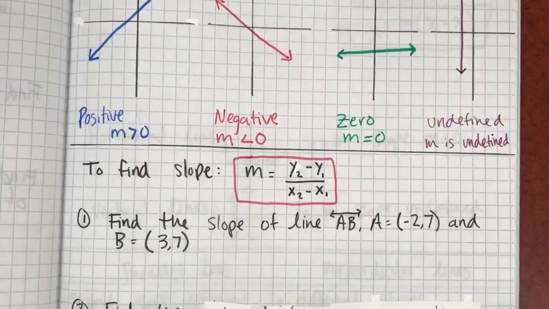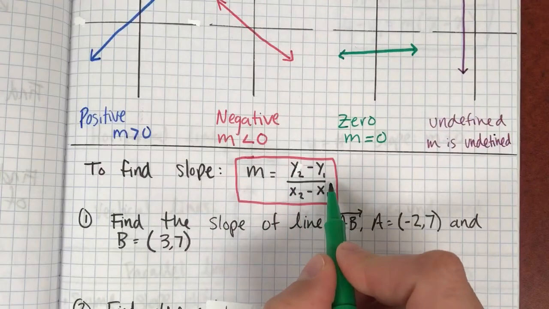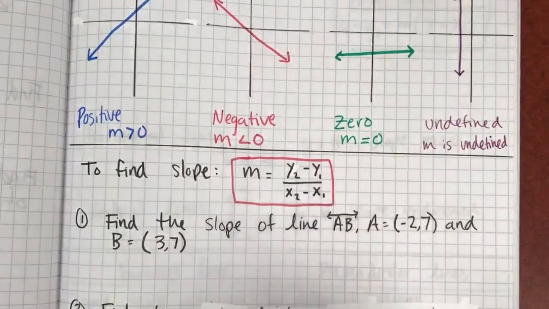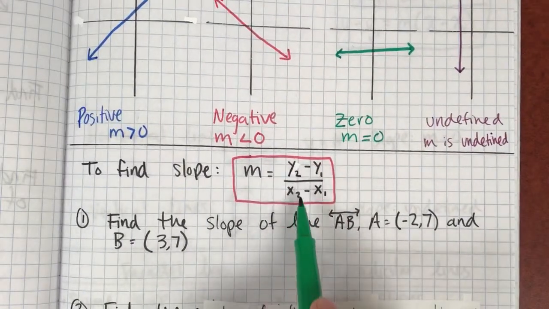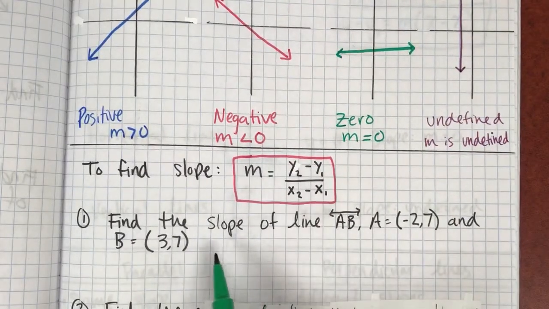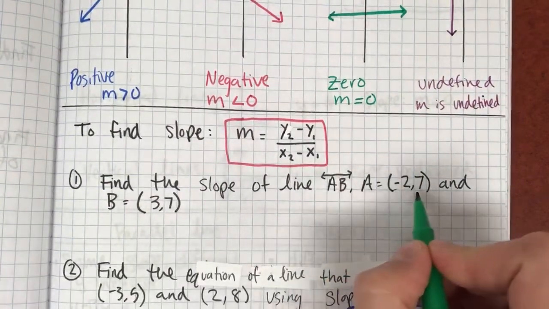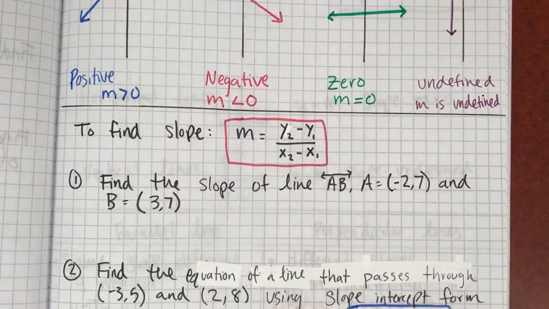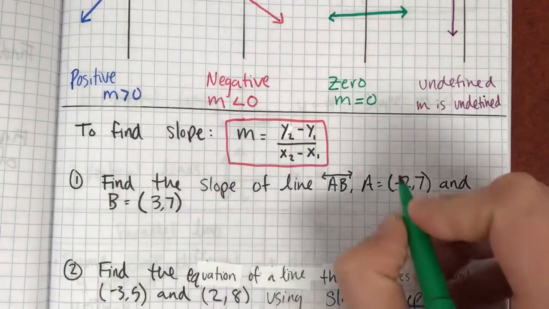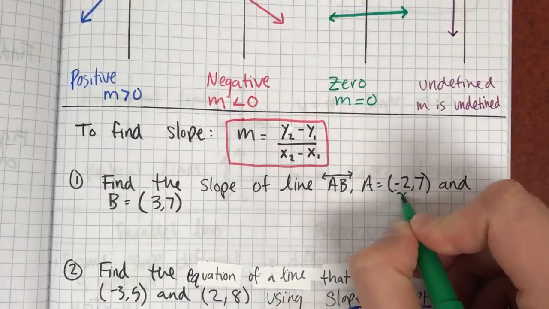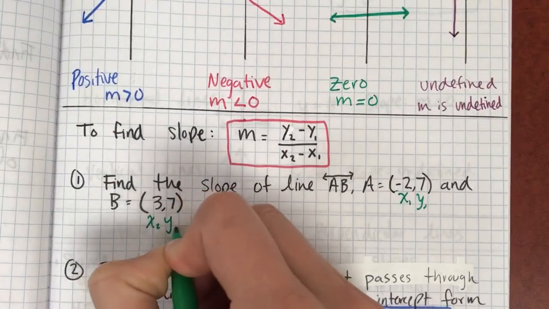Remember, to find slope, which is m, we're going to take the difference of the y's divided by the difference of the x's, and it doesn't matter which one goes first as long as it goes first on both the top and the bottom. So for example, if we were to find the slope of AB, where A is -2,7 and B is 3,7, let's call these x1, y1, x2, and y2.